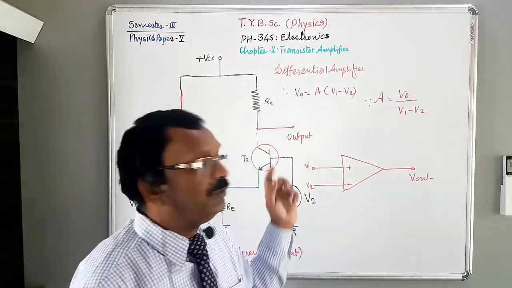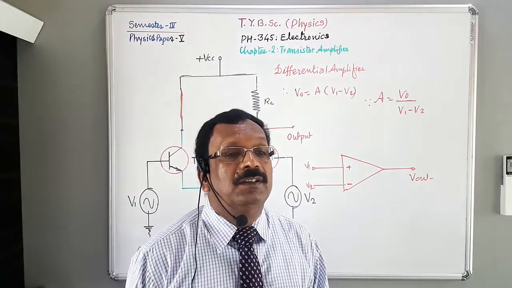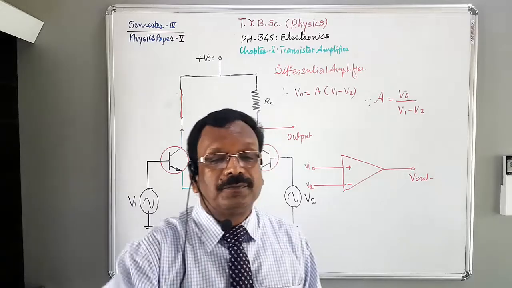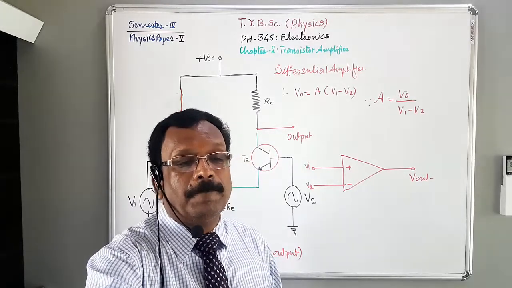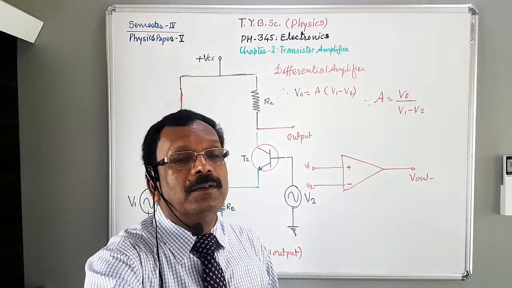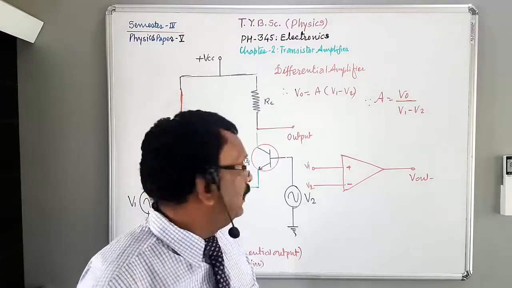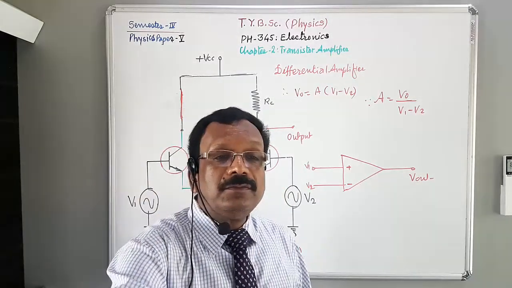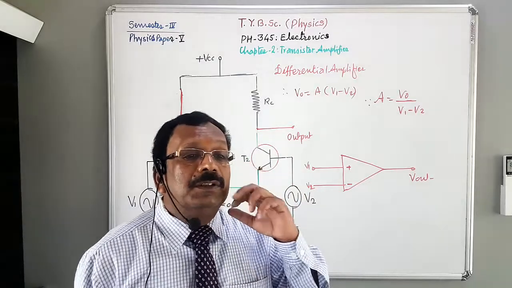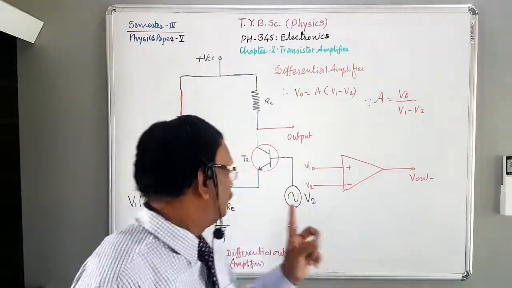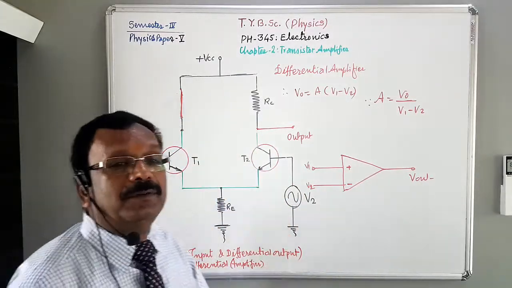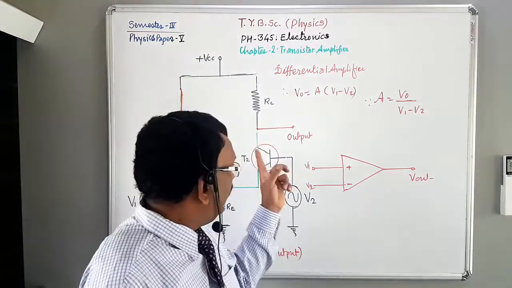Now this figure shows differential input, that is two inputs V1 and V2, and single-ended output.